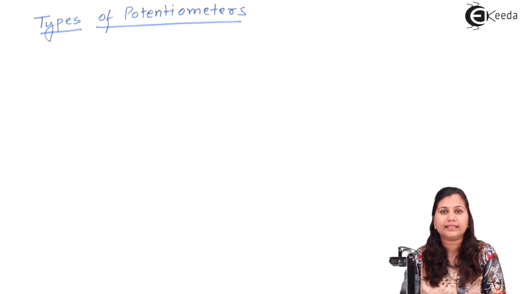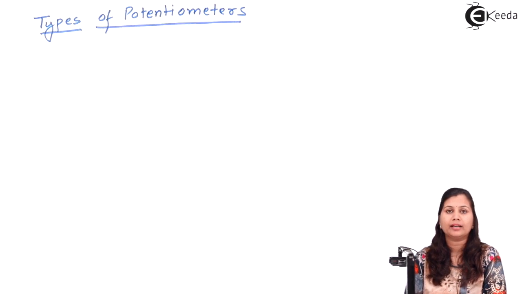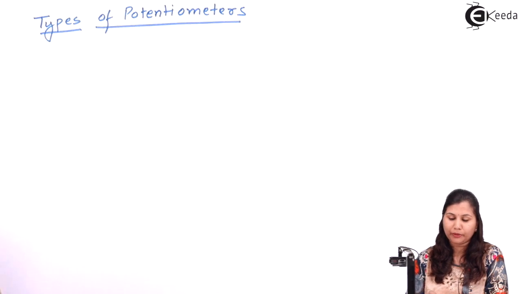As we have studied, the potentiometer converts mechanical energy into electrical energy, and the mechanical energy is in the form of a displacement, which can be either linear or rotational. So on the basis of that mechanical energy, whether the displacement is linear or rotational, the potentiometers are of two types.